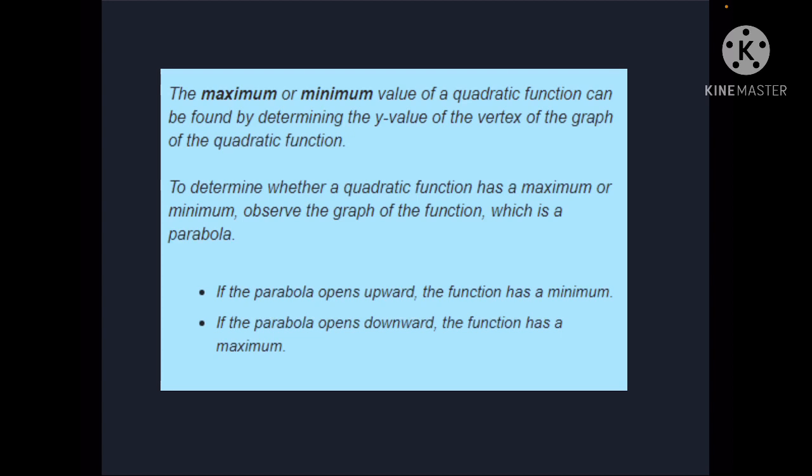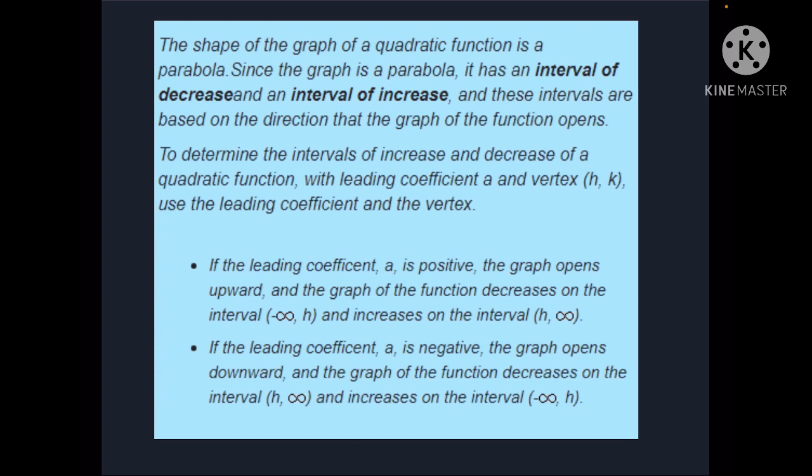To determine whether a quadratic function has a maximum or a minimum value, we need to observe the graph. If it opens upwards, then it has a minimum value, but if it opens downwards, then it will have a maximum value. The shape of the graph of a quadratic function is a parabola, which is a U-shaped graph.